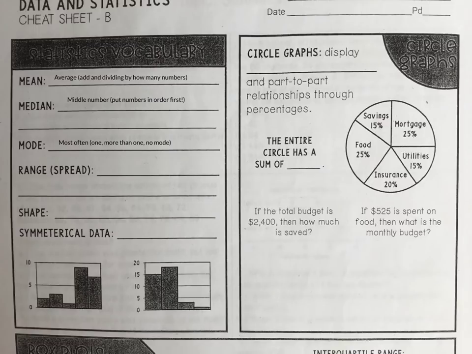So those are kind of the options there. Range, which talks about the spread of our data, we find by subtracting the biggest number minus the smallest number.